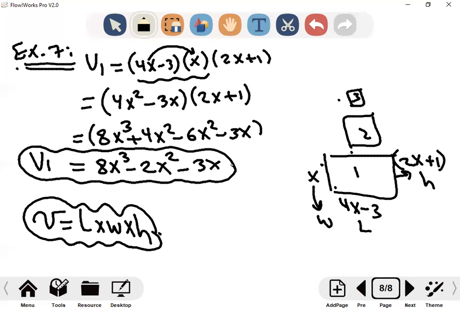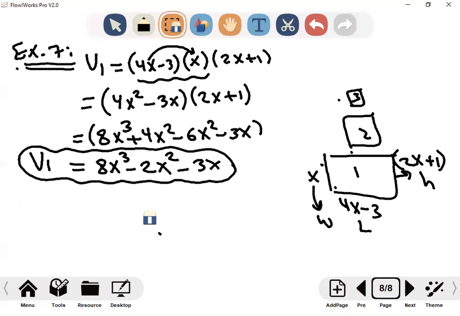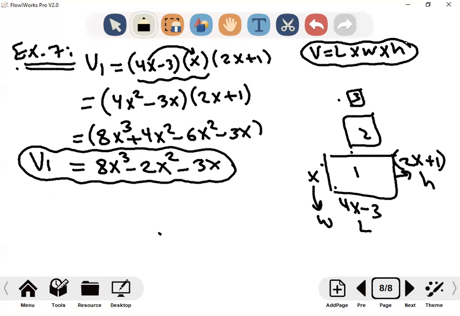Now I want the volume of 2. I will erase this. Keep in your mind that volume equals length by width by height. This is the formula we are working on. I want volume 2, the volume of tier 2. The question said the volume of tier 2 is half of 1.